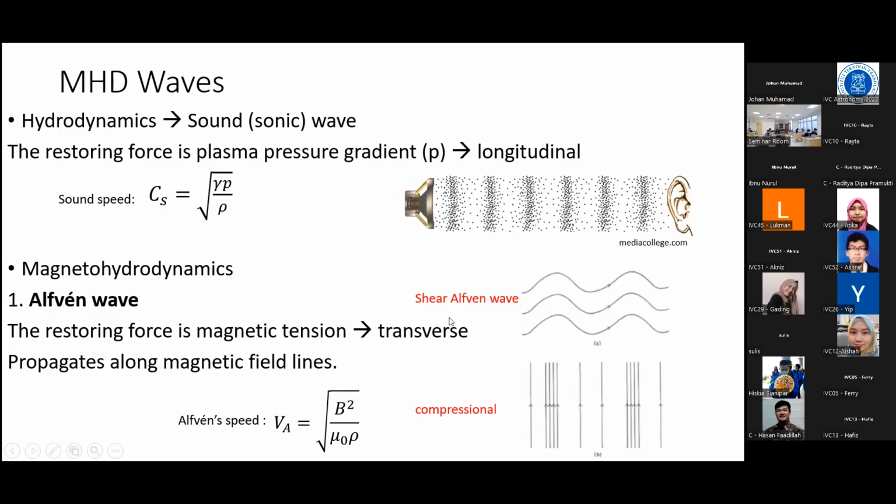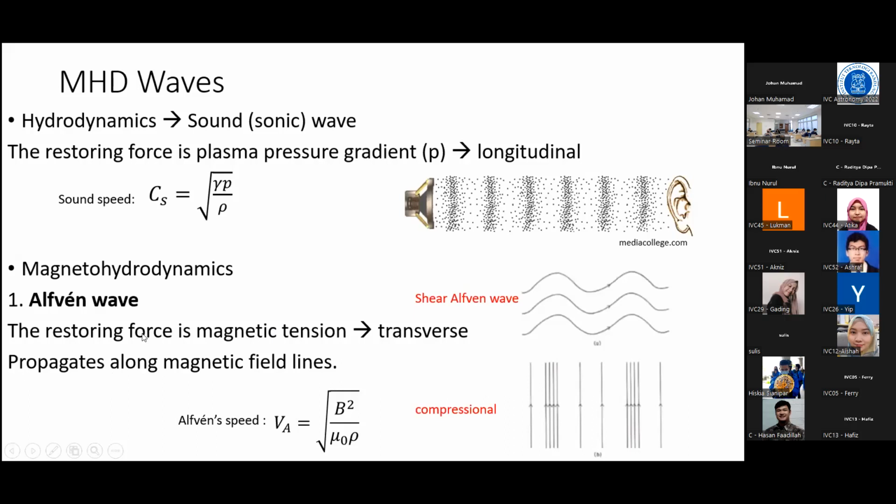For example, you have magnetic field lines like this, and because of the motion of plasma or anything, the shape of the magnetic field lines can change, but there's a magnetic tension force that tries to make these bending magnetic field lines become straight again.